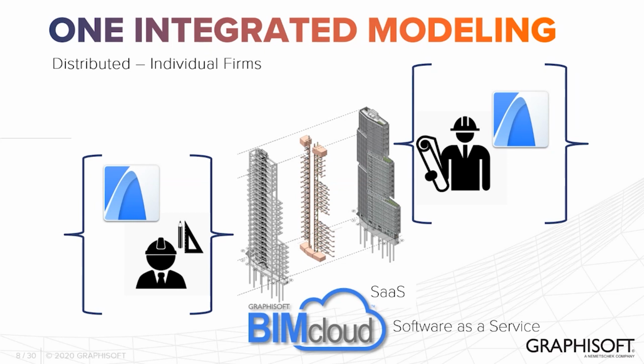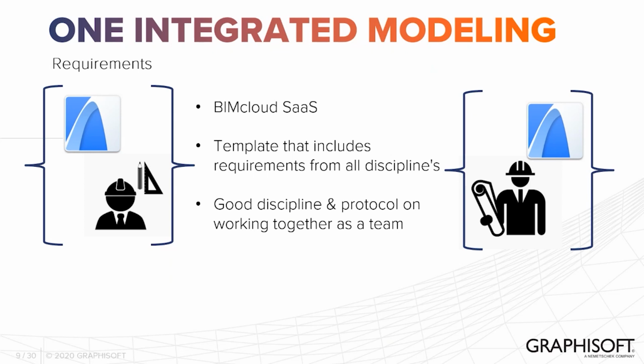So in this next slide, we can see that for this integrated modeling practice to work, we have a few requirements that we have to take into consideration. First, you need the technology side, the BIM Cloud SaaS, that will allow you to work from different locations.